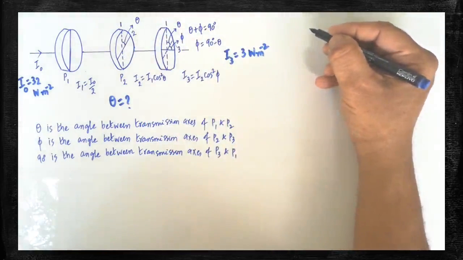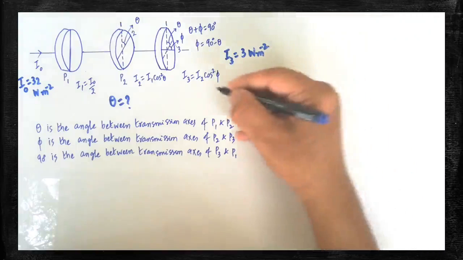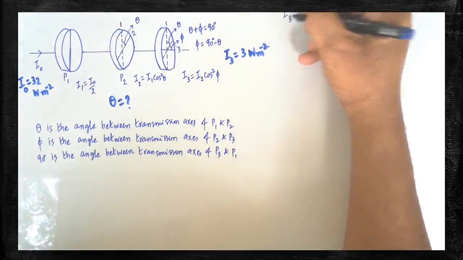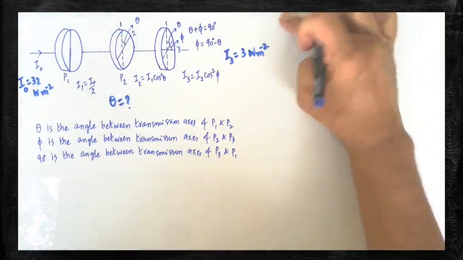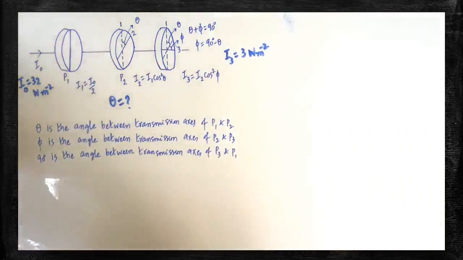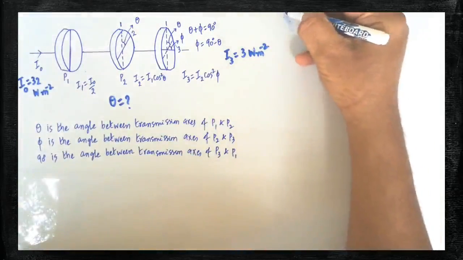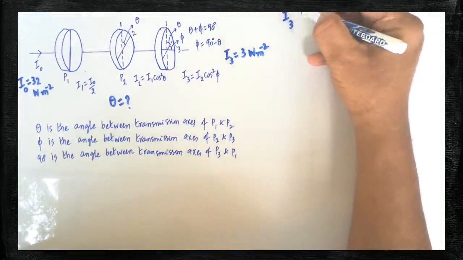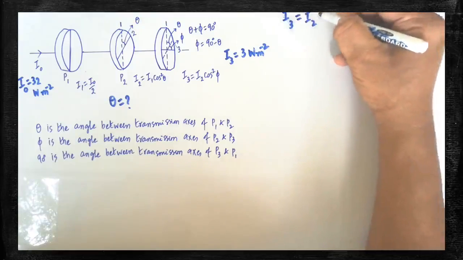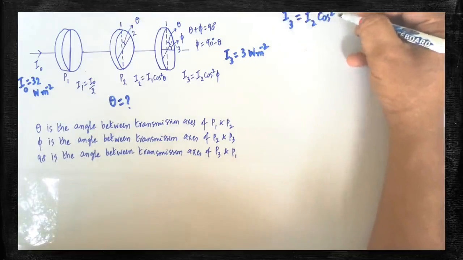How to start? Here the first step is the I3 formula to be substituted. I3 is equal to I2 cos square pi.